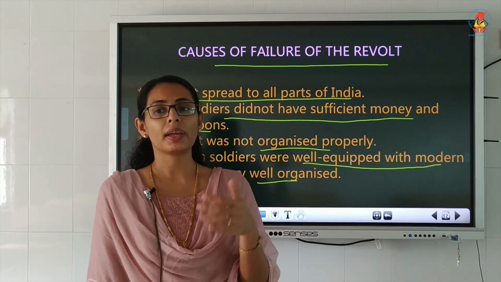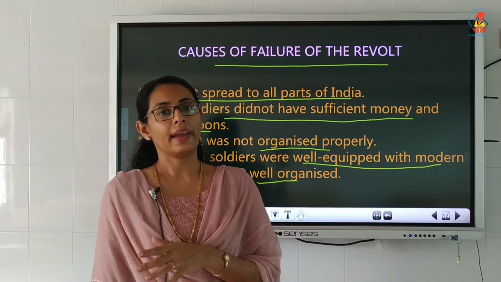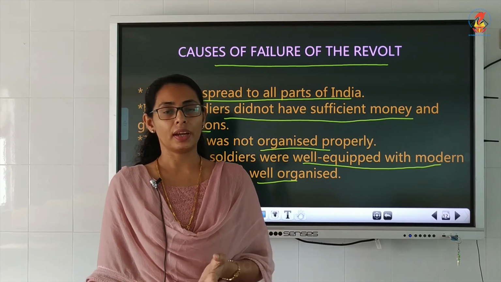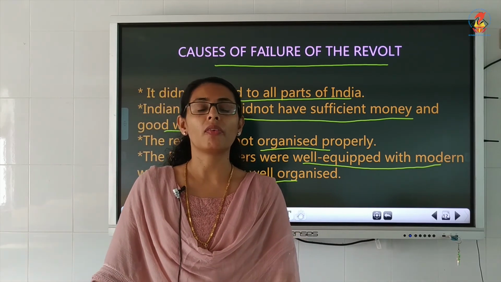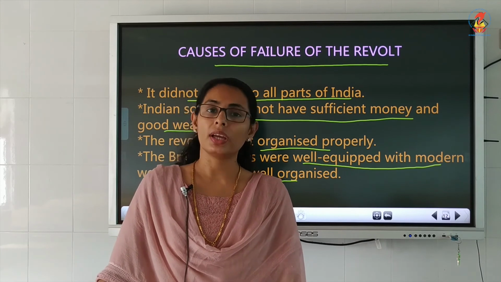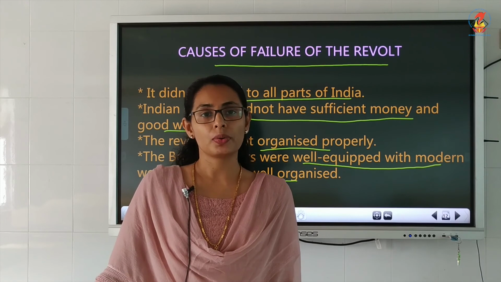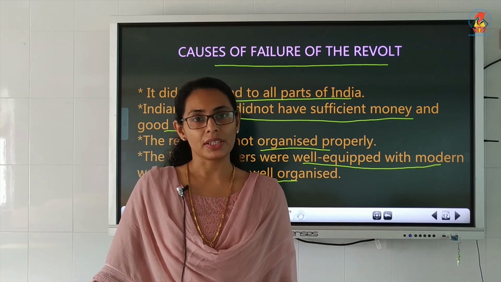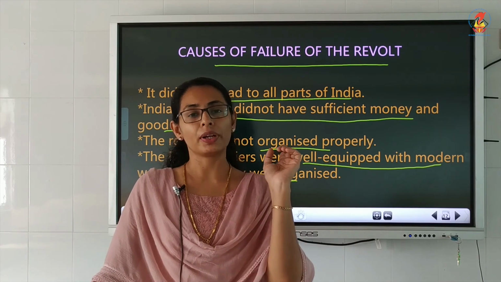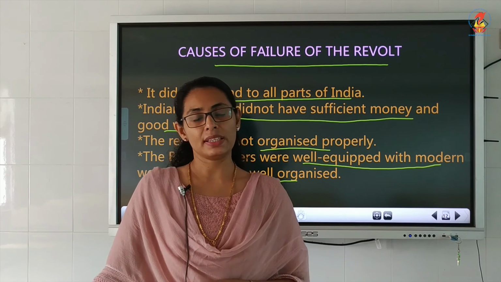Earlier, the East India Company could do what they wanted. If they wanted to buy, they could; if they wanted to kill, they could; any process, anything they could do. But after this revolt, the administration was taken over by the government of England, and the English East India Company was closed. The government of England directly governed after this 1857 revolt.